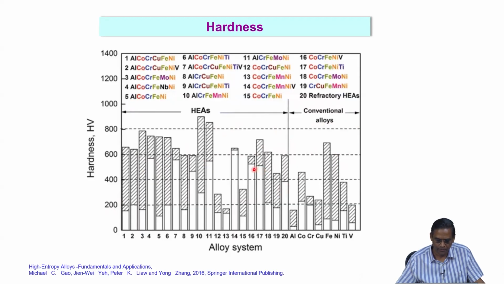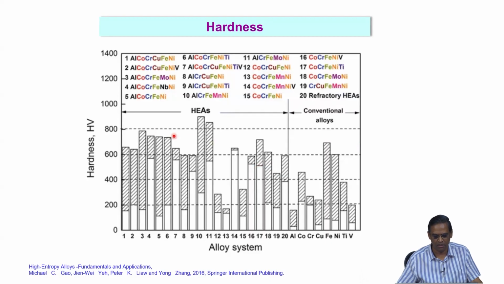So we know the reason why the high entropy alloys exhibit high hardness: primarily the solid solution strengthening effect. Of course, all types of strengthening effects also play a role in high entropy alloys, like solid solution strengthening, grain boundary strengthening, that is grain size, and then precipitation hardening and work hardening and so on.